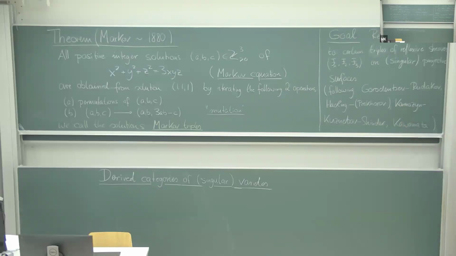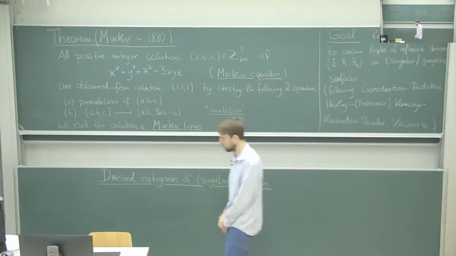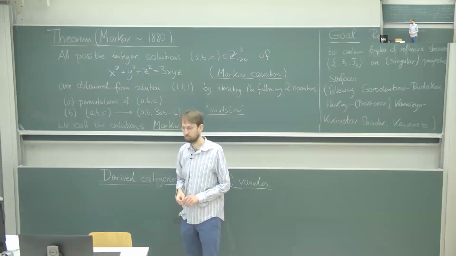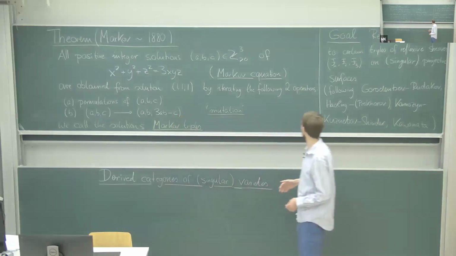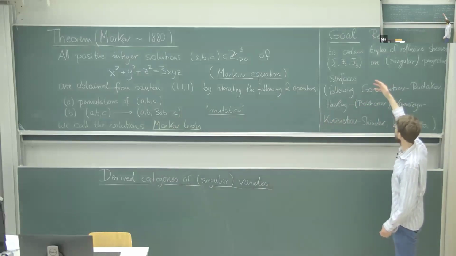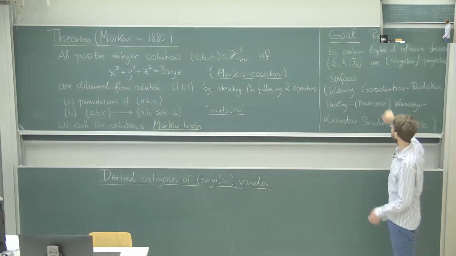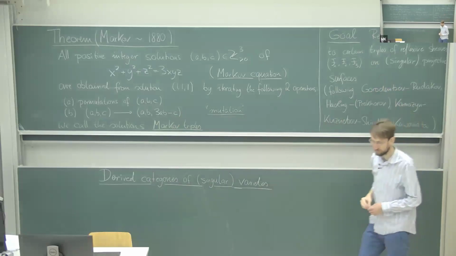This follows work of many people, which I've listed here. So now I'm going to give some definitions that I think are needed in order for me to state the results that answer this goal to some extent.